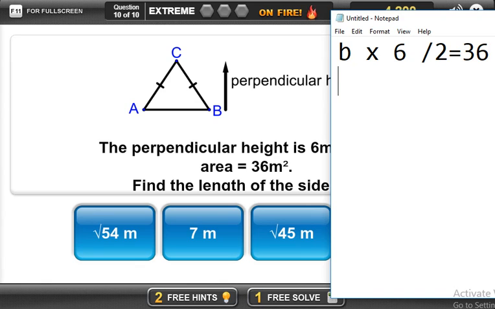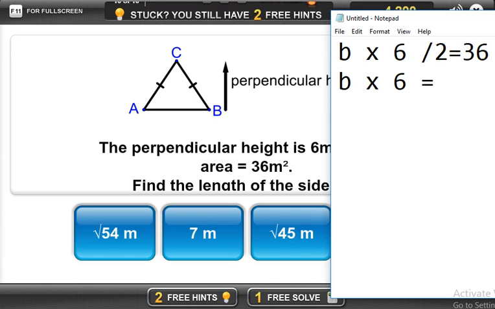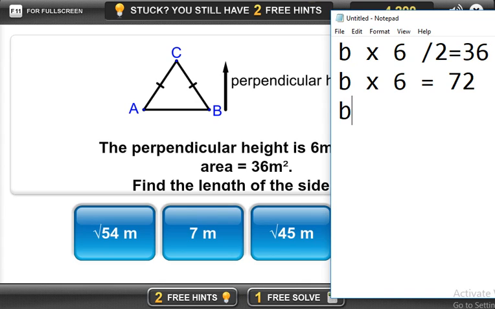So what we can do is we can actually take this divided by 2 onto the other side. It becomes times 2. So we will have b times 6 is equal to, and we can take the other one, take the 2 onto the other side, times 2 gives us 72 on there. Now also b, now take the 6 onto the other side, divide on the other side.